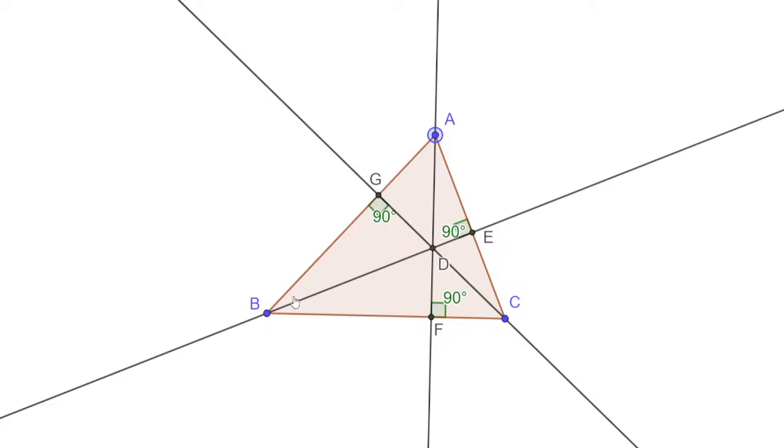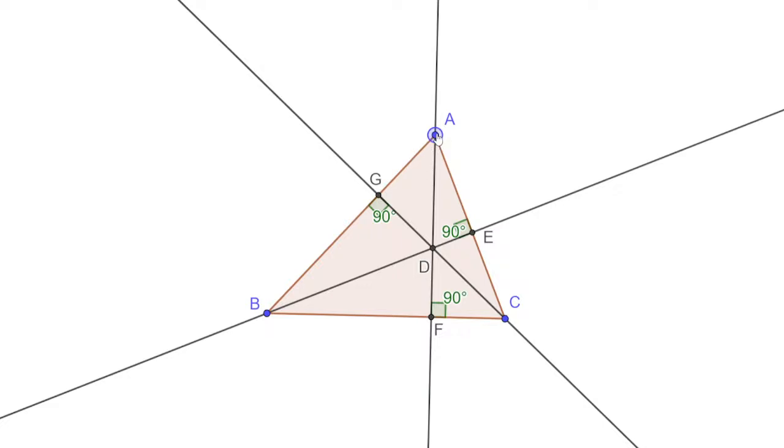And this line is a perpendicular through the vertex B upon the side AC. Similarly, this one also AF. And see, these 3 perpendiculars are passing through the unique point D here. This is the point D.